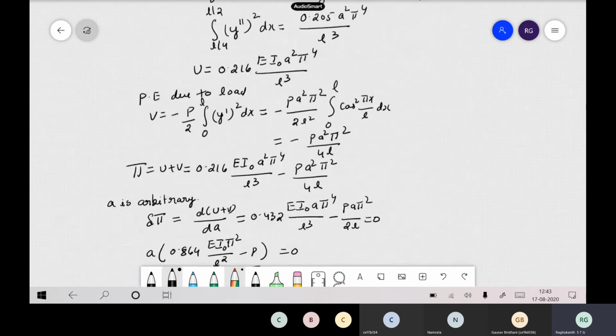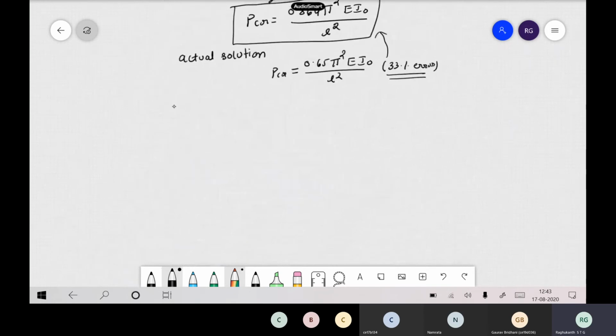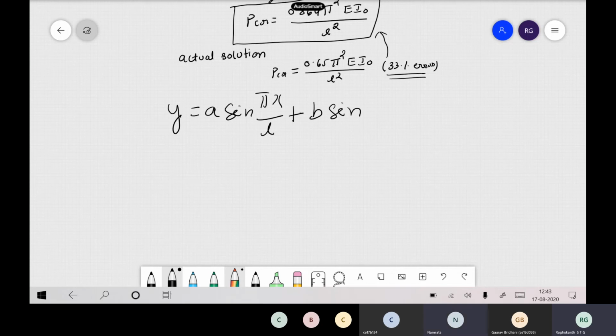So if you want to improve the solution, write your y as a sin pi x by L, and add one more term, b sin. Tell me what you will add here: 2 pi x by L, 3 pi x by L, or 4 pi x by L? Why 3 pi x?